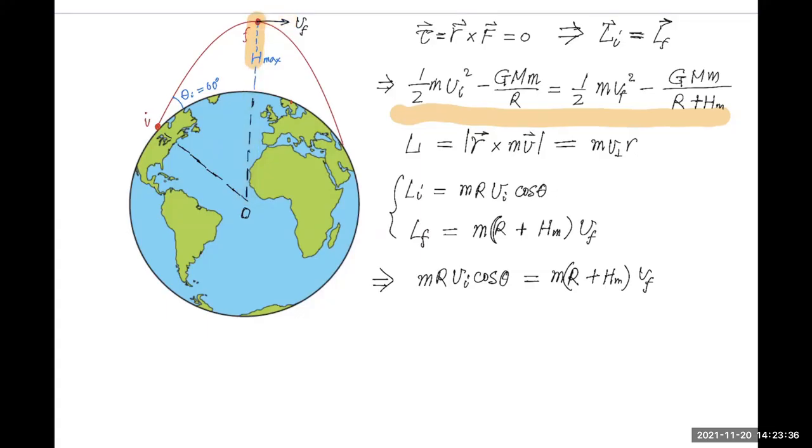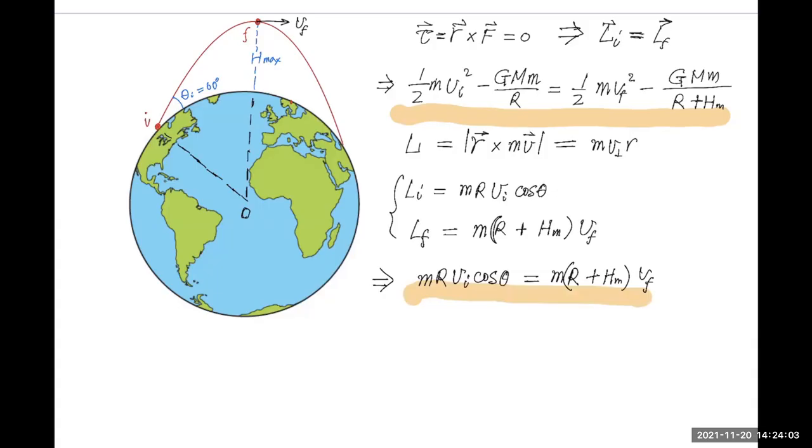So for the final angular momentum, it's just m times the final distance between the object and the center of the Earth, which is r plus h maximum, and then times v final. There's no cosine factor here anymore. Angle is already equal to 90 degrees. Okay, so equate the initial and final angular momentum magnitude, we get the last equation.